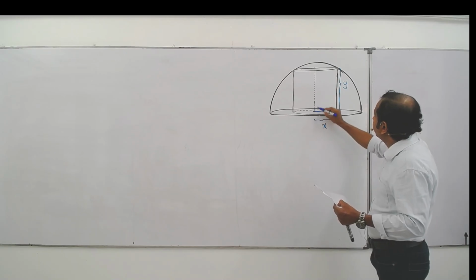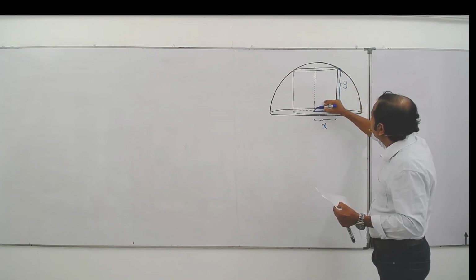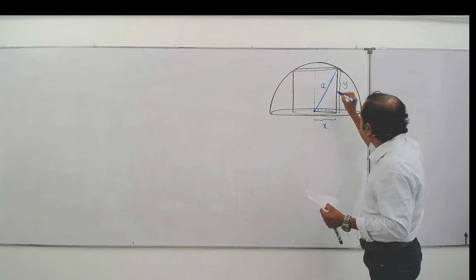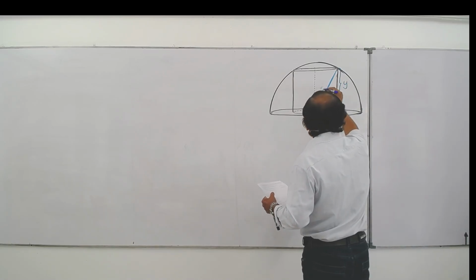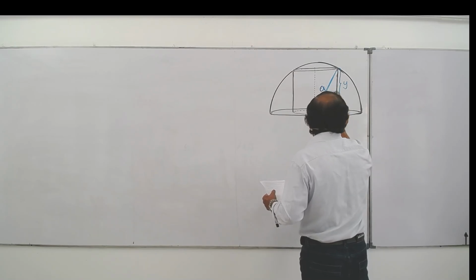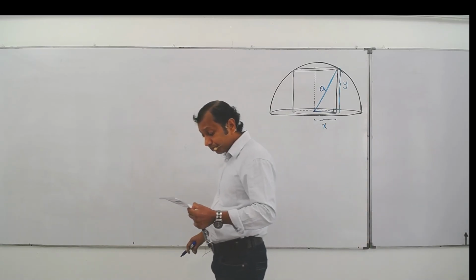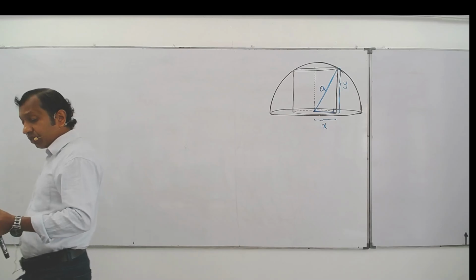Its center is here. Therefore, the radius should be this length. It is a. Here is 90 degrees. Therefore, the first thing we can obtain is the relation between x and y.